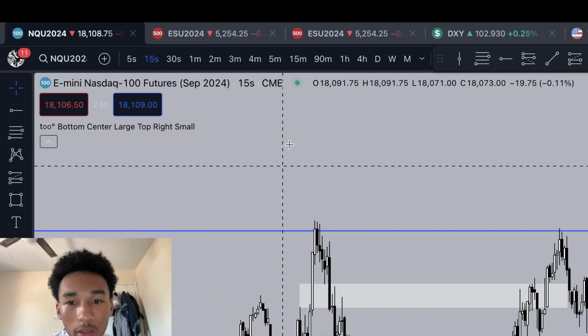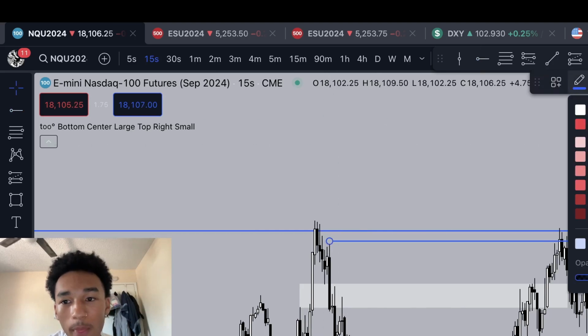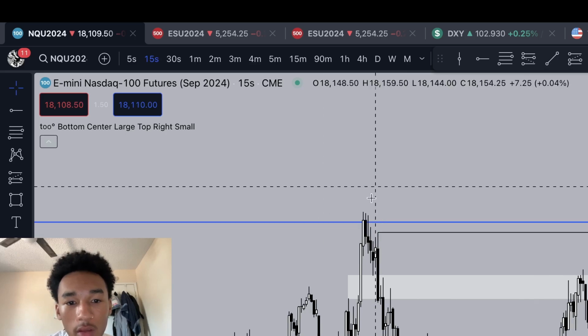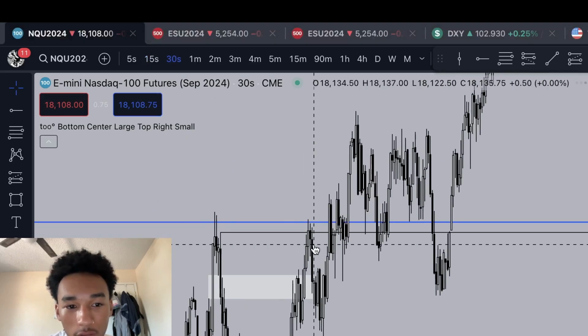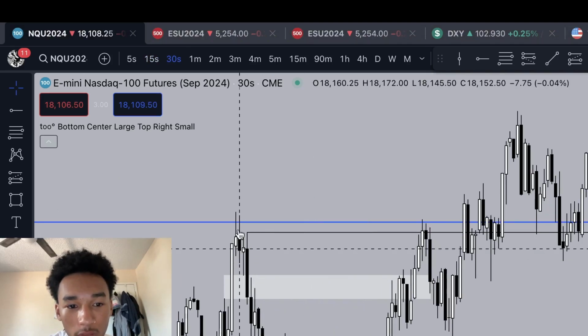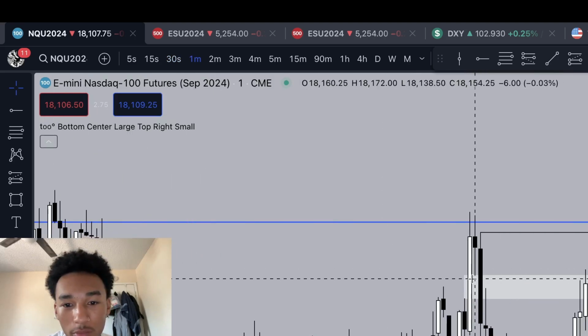I just had my stop loss right there because there's an up close candle on the 15-second and the 30-second chart. So I wouldn't want to see that up close candle get disrespected, as well as the balanced price range.